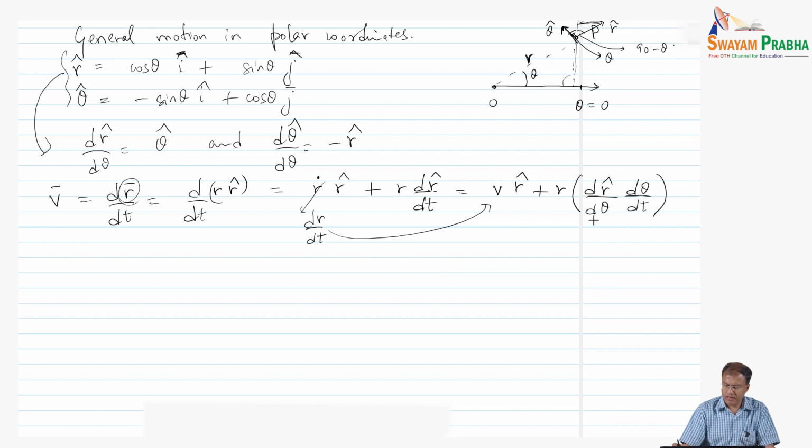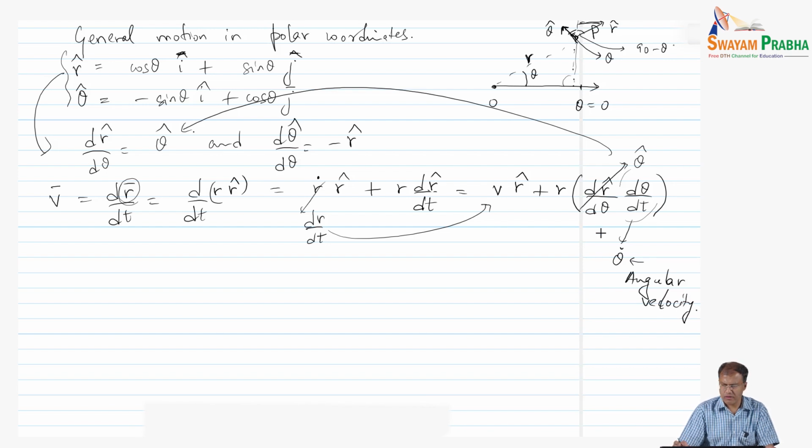And now d r hat d theta is nothing but theta hat, using this particular relation. And d theta dt we can keep as theta dot, the change of the angle with respect to time, which is also sometimes called the angular velocity. This is another new concept that I want to introduce at this point, the rate of change of angle with respect to time.